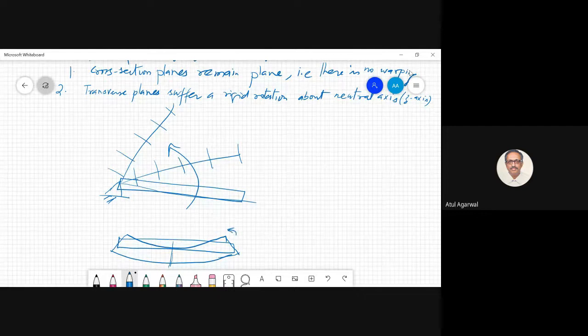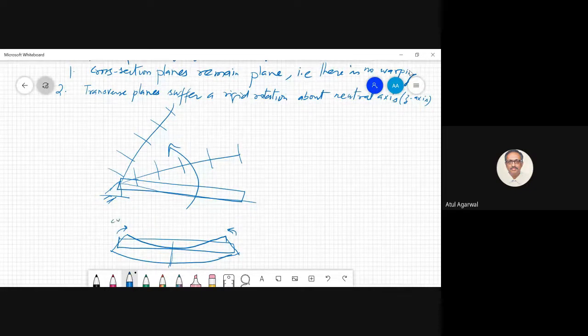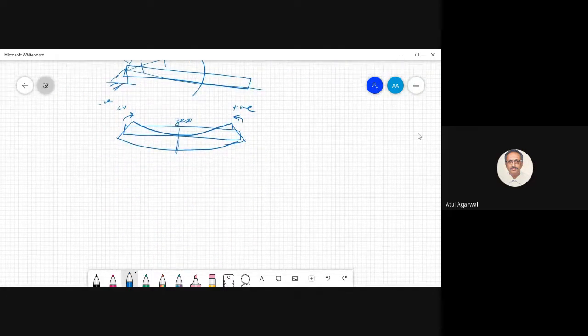This turns maximum, and this turns maximum in the opposite direction. So this is a clockwise rotation, negative, and this positive. There is a continuous change in rotation angle. Negative to 0, 0 to positive. Any problem?